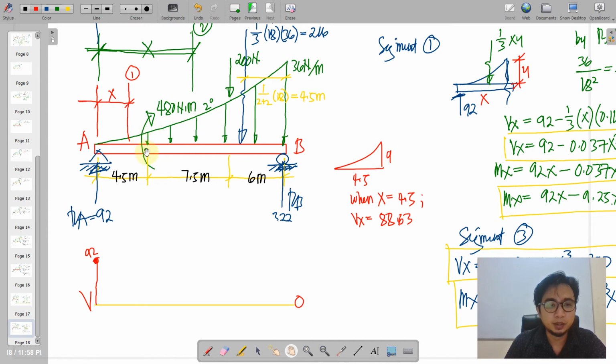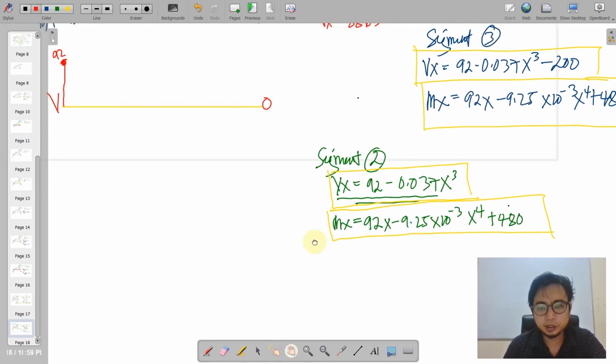So we just reflect this for a while. Vx is equal to 88.63 when x is 4.5. Anyway, we do not need that value, so we will proceed directly to 200, using the segment 2 equation. So here is the segment 2 equation.